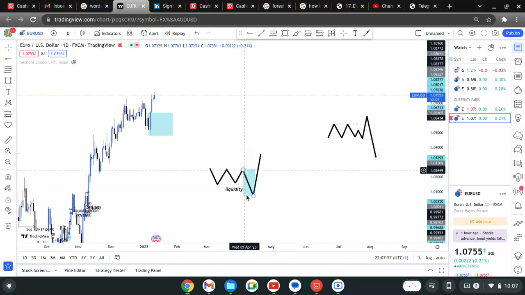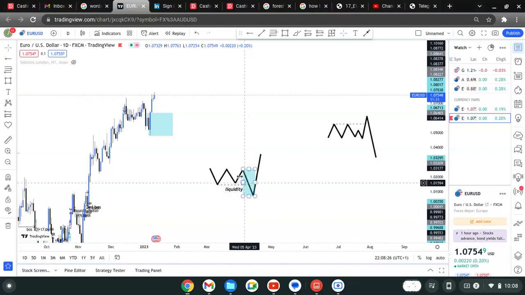By the way, I'm not saying retail trading is trash. Retail traders can be profitable, but smart money concepts give me in particular more refined entries and more RR returns.